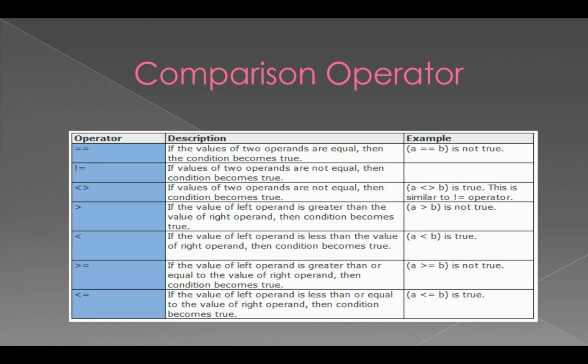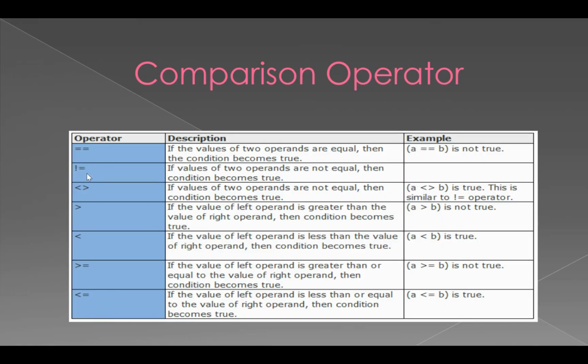If the values of the two variables are equal, you will get true, otherwise you will get false. You have to remember one thing: a single equal to sign is known as the assignment operator, which is used to assign a value to a variable, and this double equal to sign is used to compare the values of two variables, right?